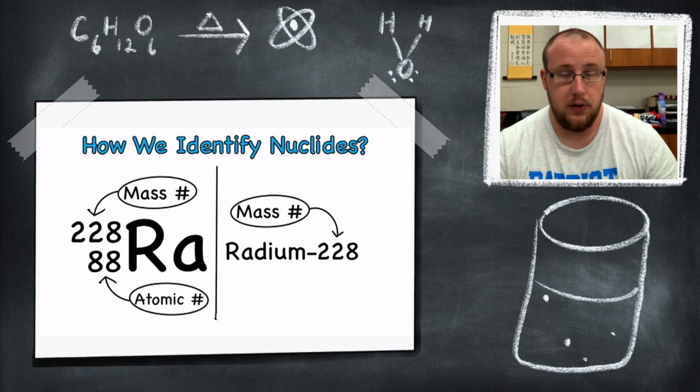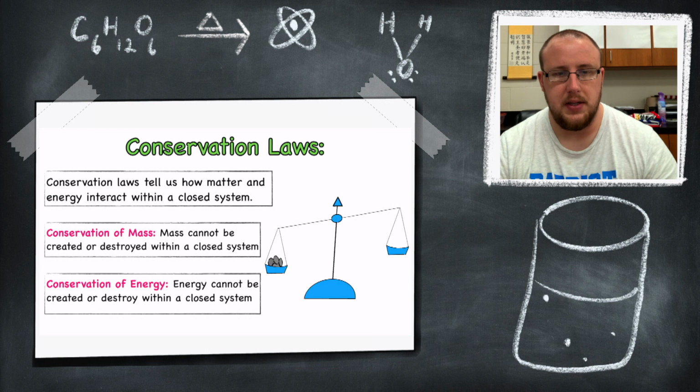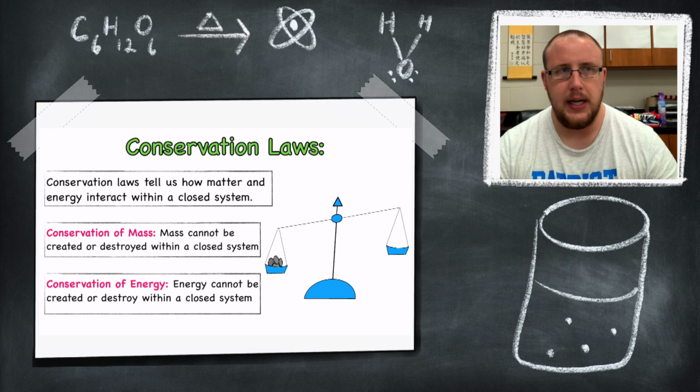Now that you've learned what a nuclide is, what a nucleon is, and how to write nuclear isotopes, let's talk about conservation laws. Conservation laws tell us how matter and energy interact within a closed system. What do I mean by a closed system? I mean that there are no outside factors affecting it. If we put the reaction in a chamber and did not allow air or anything else to mess with it, that would be a closed system.